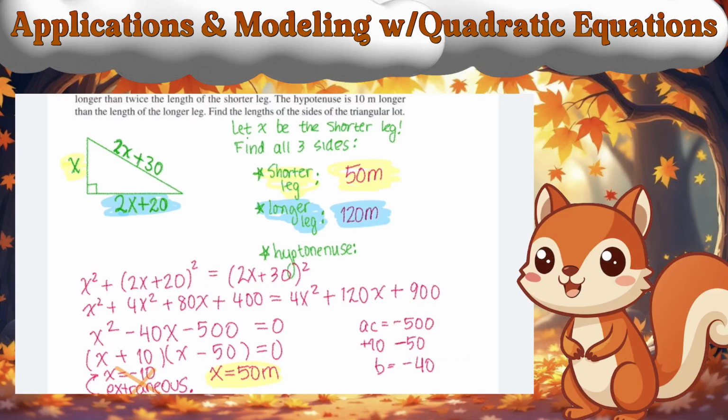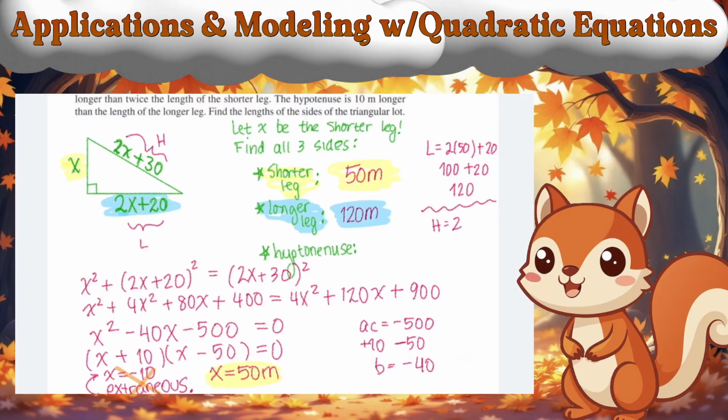We wanted to show the work. Maybe we go here. Longer leg equals 2 times 50 plus 20, 100 plus 20, 120. So I'm just showing my work. And then the hypotenuse, H. It's 10 more.